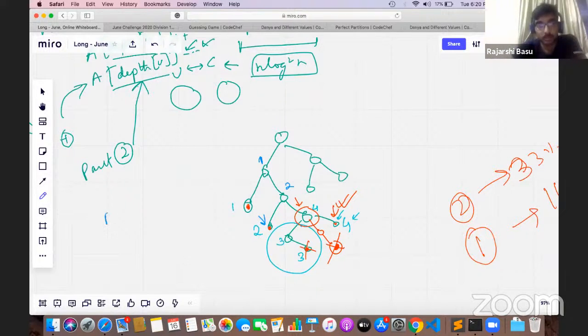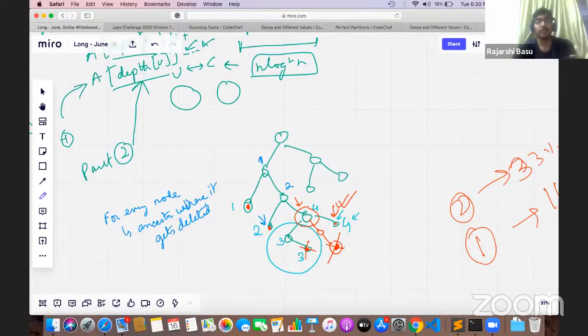So for every node, you have an ancestor where it gets deleted from the representative set. What if we could find, for every node, which ancestor that was?